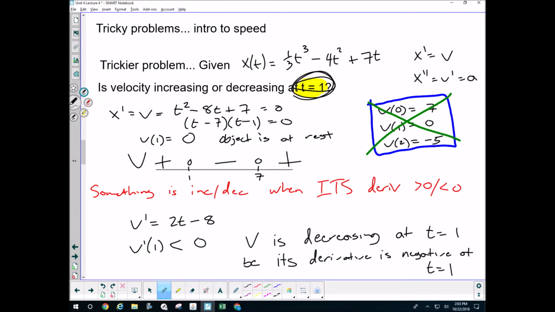Okay? Because you said, okay, my values are positive to the left of 1. They are 0, then they are negative to the right of 1. My values must be decreasing. I'd accept this. But what if I asked you, is the velocity increasing or decreasing at t equals 5?